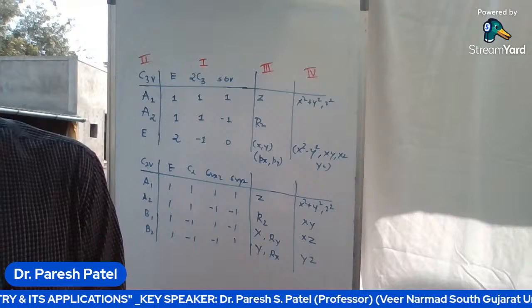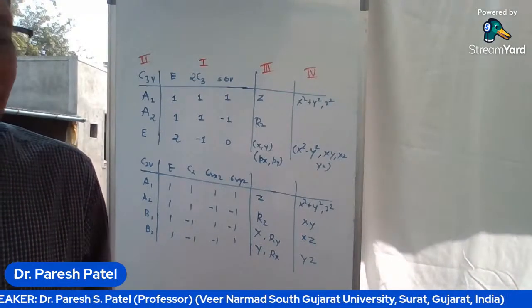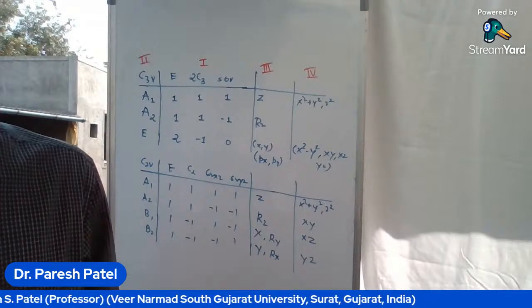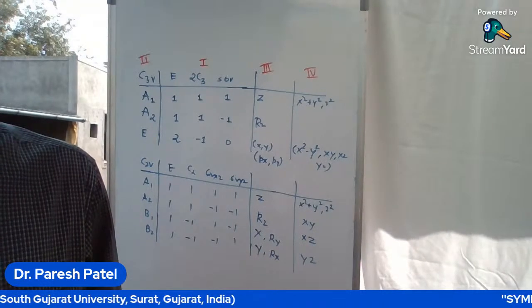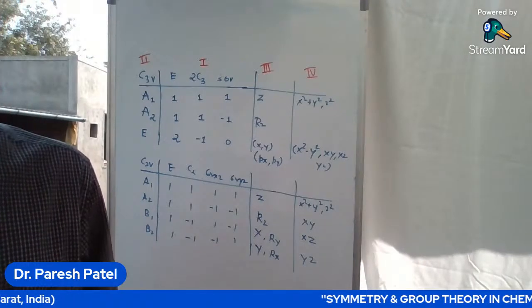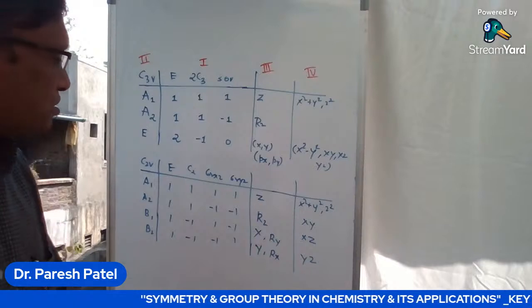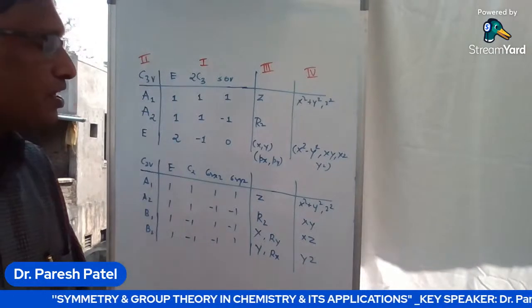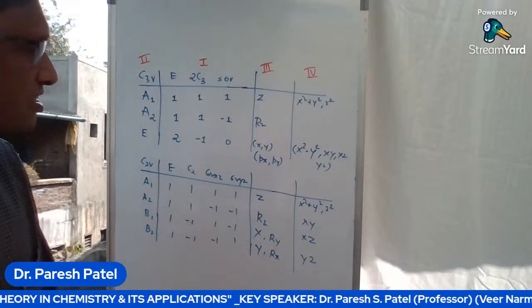Similarly, if our group consists of the symmetry element i, and the character for i is equal to +1, then subscript g can be used, and if the character is -1, then subscript u can be used. So dear students, this is the information regarding the Mulliken symbols.